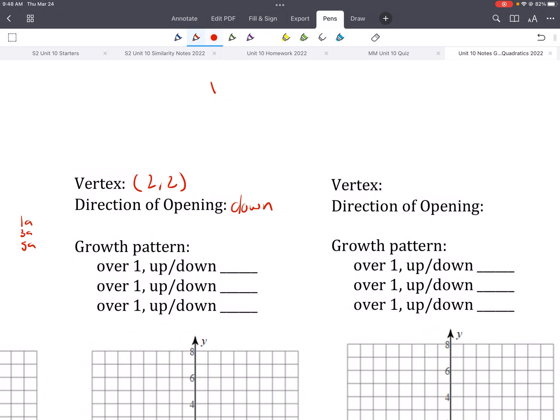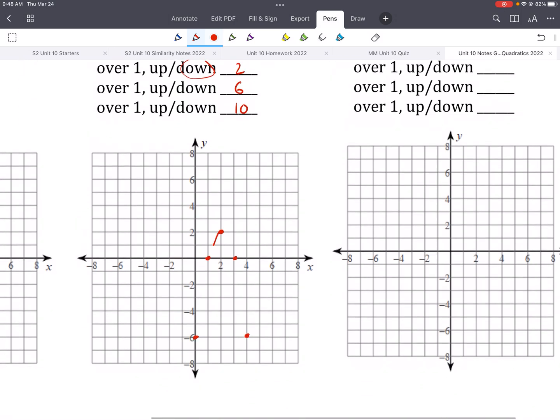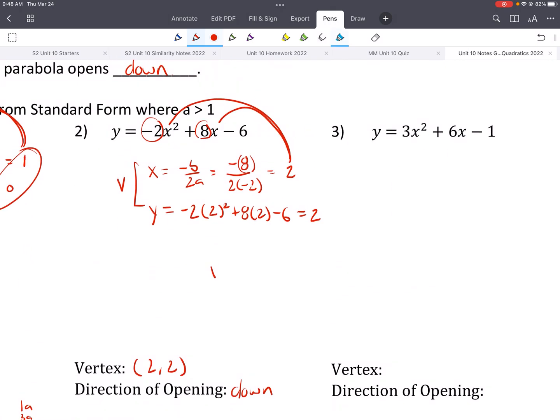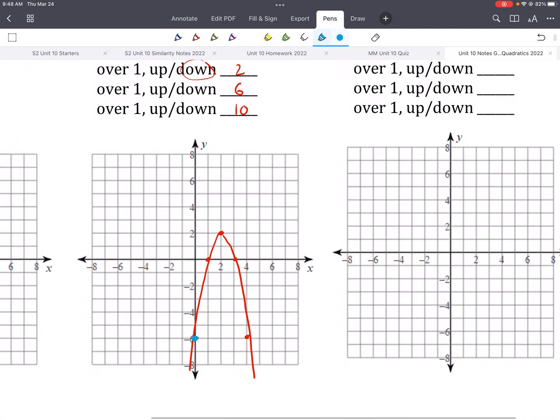We're going to go down 2, down 6, down 10. So we'll go to 2, 2, over 1, down 2, over 1, down 6, both sides. Connect our dots. Looks good. We can verify our y-intercept here is negative 6, and the y-intercept that you graphed is negative 6.